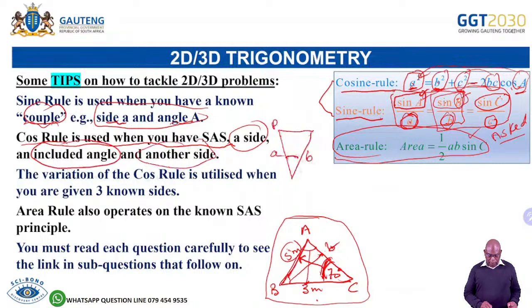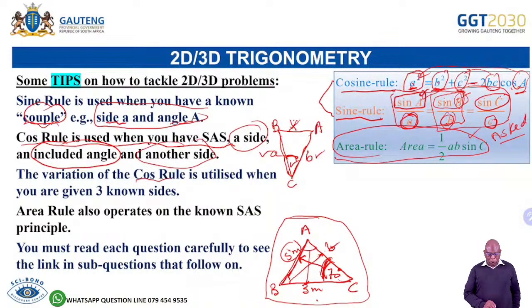So B, A, C. Can you see? It's a side, angle, side. The angle is included. So that's when you can use the cosine rule to get maybe this side. Okay, so if that side is not given, I can be able to get it by using the cosine rule. In activities, you see what I'm talking about.